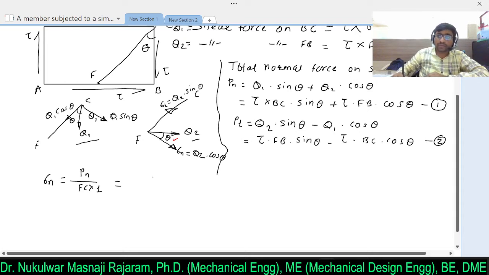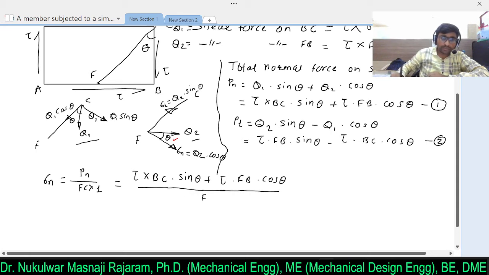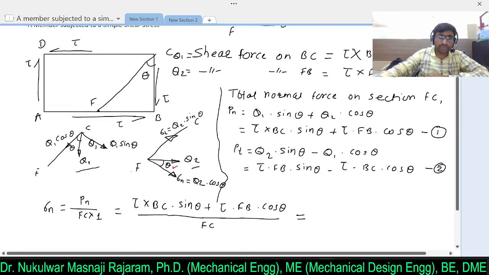So from equation 1 I can write tau into BC into sin theta plus tau into FB into cos of theta, whole divided by FC. Here we need to understand simple trigonometry as we have already learned previously. So BC divided by FC, what will you get?